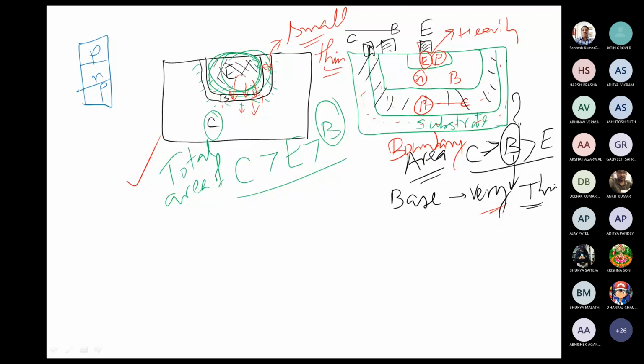So what do these regions show in this diagram? These are nothing but a part taken like this, which takes a part of the emitter, base, and collector together, and shows this small part.